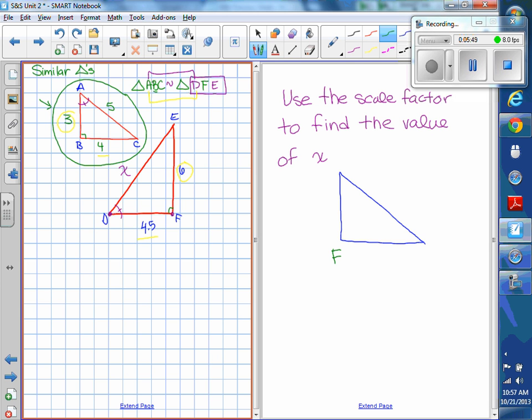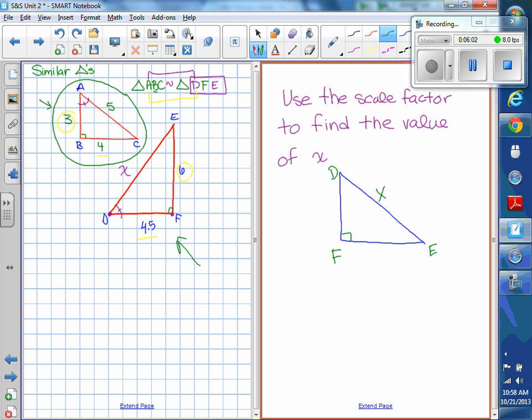And then I go, well, the shortest side in my picture here is FD. So I'm going to put D here. That makes this E. And then I know I'm looking for X. And the longer of the two is 6, and this is 4.5. And then I'm going to find the scale factor.